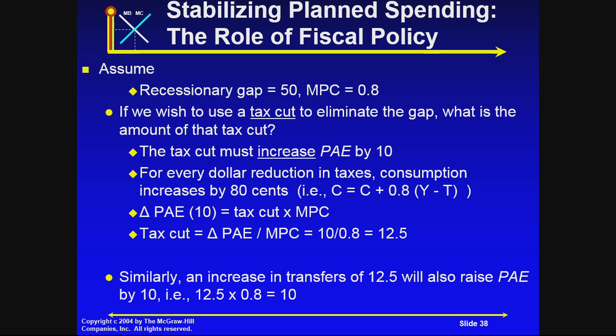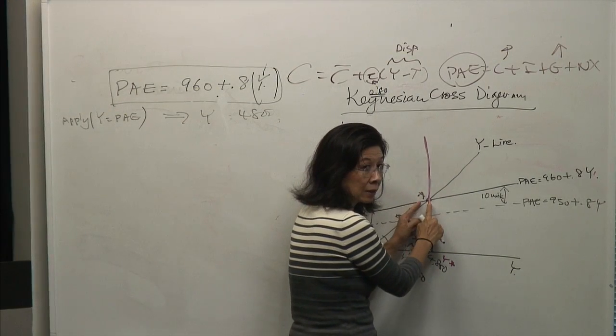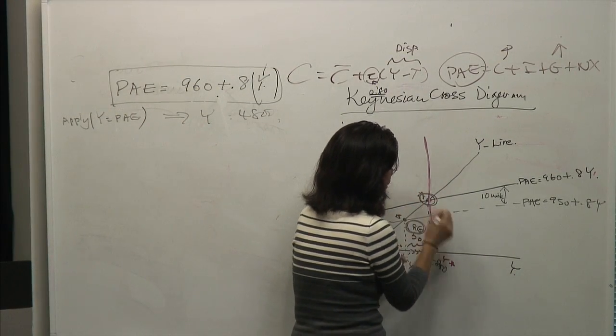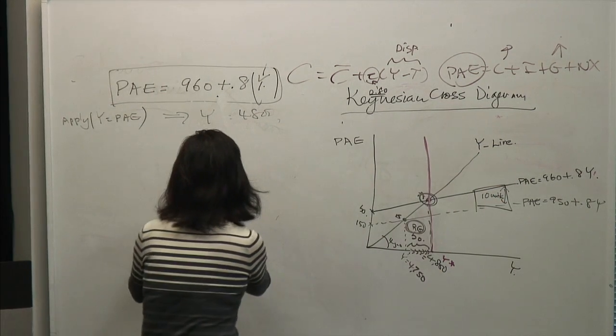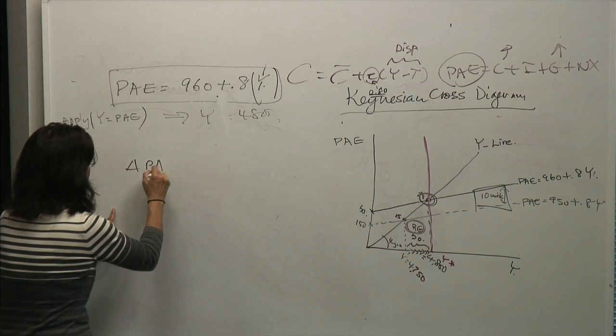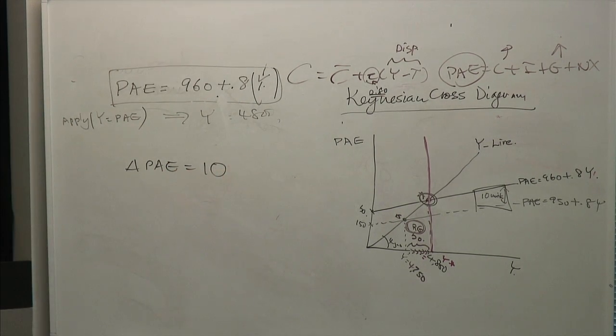We say the tax cut has to raise the PAE line by 10 units, because we saw that if you increase it by 10, you will come back to that short-run equilibrium. So the key is the change in PAE has to be 10 units.